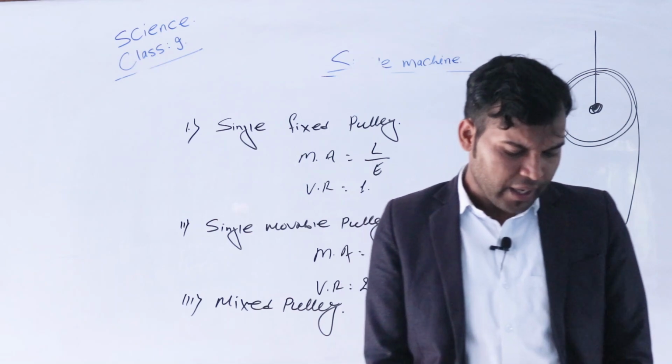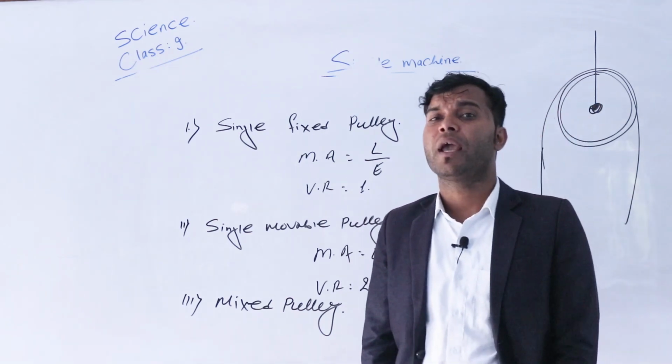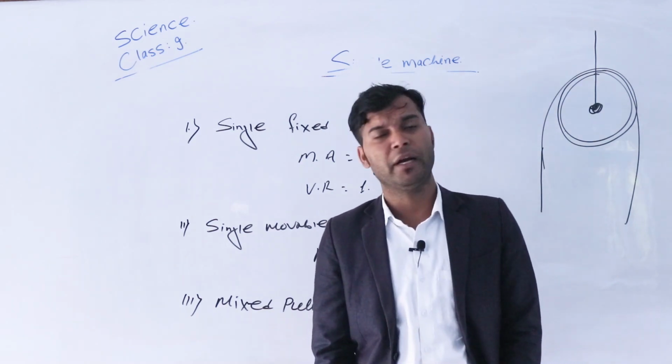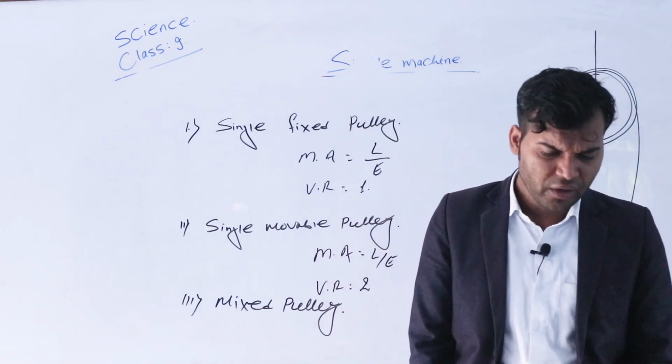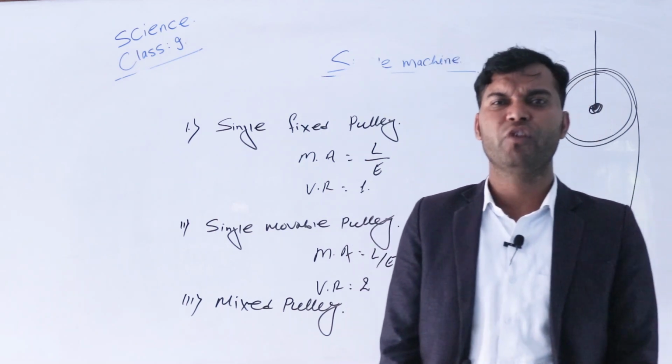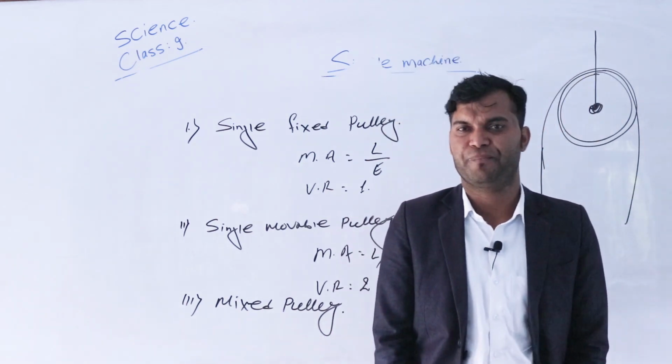In the block and tackle pulley, MA is defined as load upon effort, the same as before, but VR is the number of pulleys used in the system.